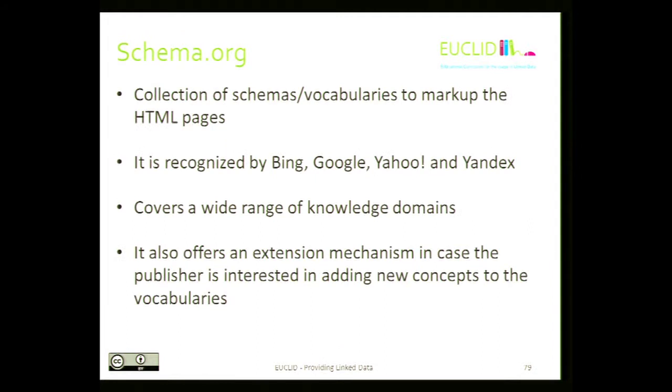It's recognized by Bing and Google, Yahoo and Yandex and others, and aims, to a shallow depth, to cover a broad number of domains. It doesn't attempt to tell you, stop making ontologies, we'll do it all. Instead it says, we'll make a shallow ontology that you can align yours to. And when the stuff you put out on the web is expressed in this, aligned to schema.org, then the search engines will pick it up and know what to do with it.